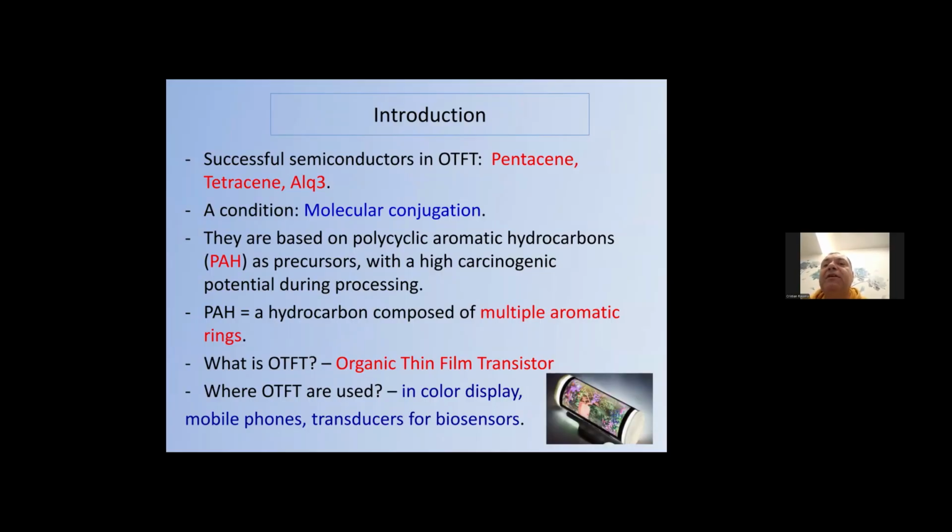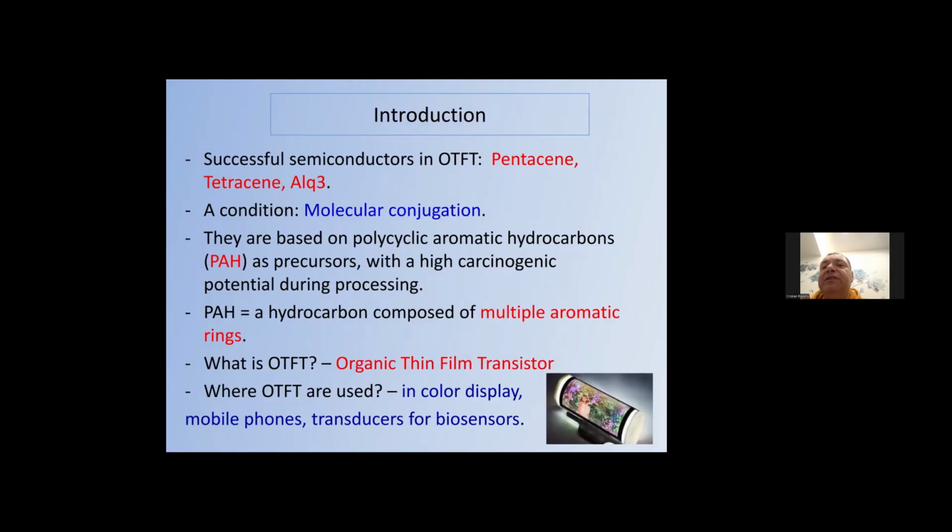Traditional ones are based on polycyclic aromatic hydrocarbons (PAH) as precursors, and they unfortunately present carcinogenic potential during processing. In general, PAH compounds present multiple aromatic rings. Pentacene, for instance, presents 5, tetracene 4, etc.